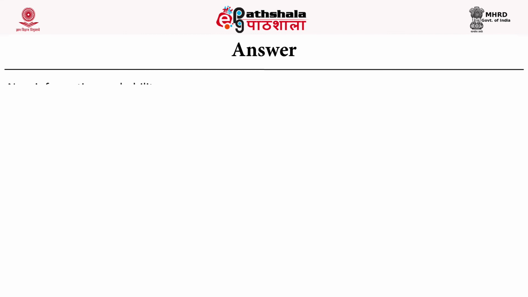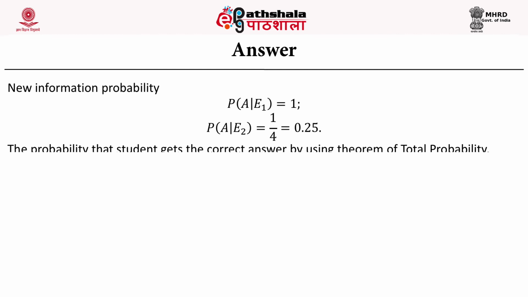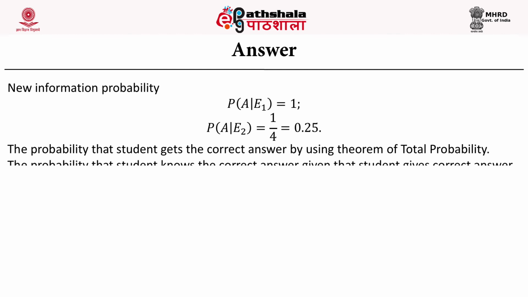So for new information probabilities, we have probability of A given E1, which is equal to 1, and probability of A given E2 is equal to 0.25, because we already have the information that if the student knows the answer, then the probability of getting the correct answer is definitely 1, and if the student does not know the answer and guesses the answer, then the probability of getting the correct answer is 0.25.